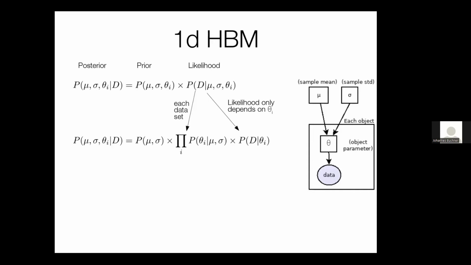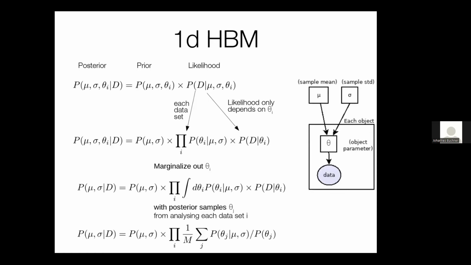And here you still have the likelihood, which hasn't changed. So essentially, for each object you have the sample distribution applied to that parameter, and outside that, for each object you have the analysis that you had, but on top of that, to all of these objects, you apply a hierarchy.